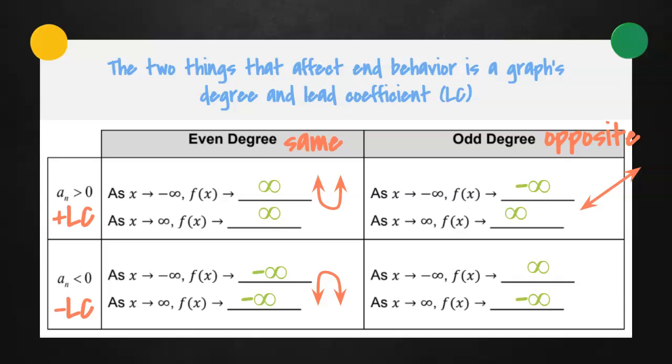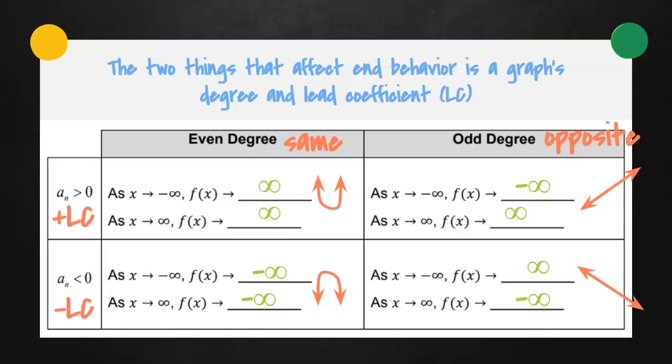Now, if you had a negative lead coefficient, it's like a line, but with a negative slope, right? Your little guy walks down the hill, so you have a negative slope. So looking at the ends of your graph, you could use a line as a basis in order to help you with end behavior.